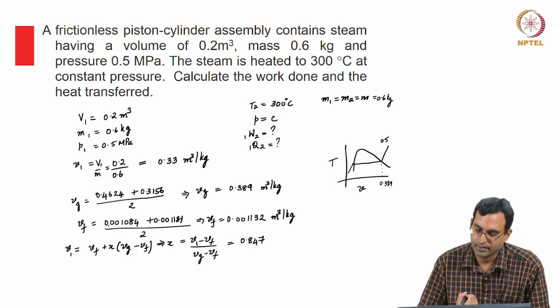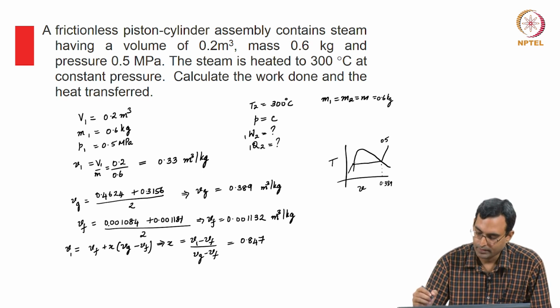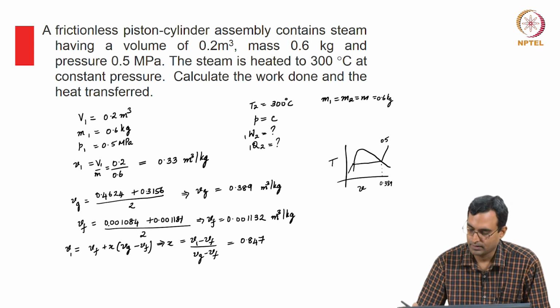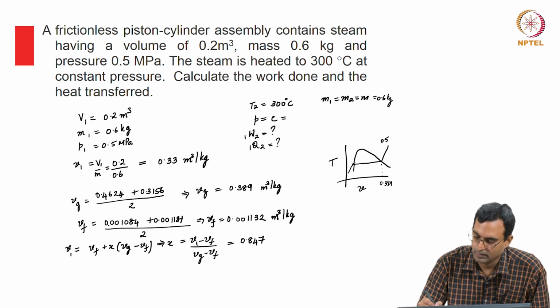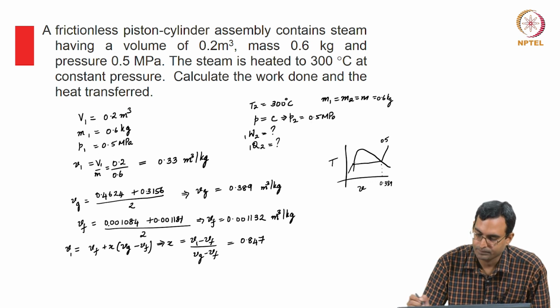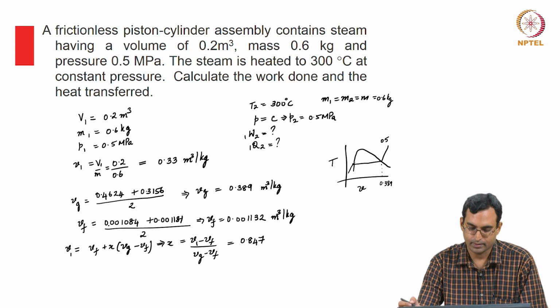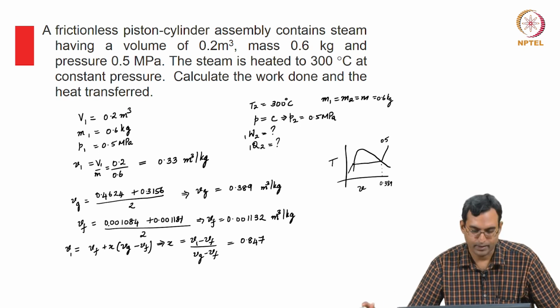In the final state, it says it is a constant pressure process, which means P2 is 0.5 megapascal. It says the temperature is 300 degrees centigrade. So, let me go back to the table which I had.